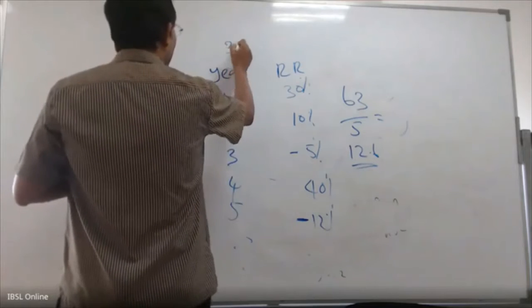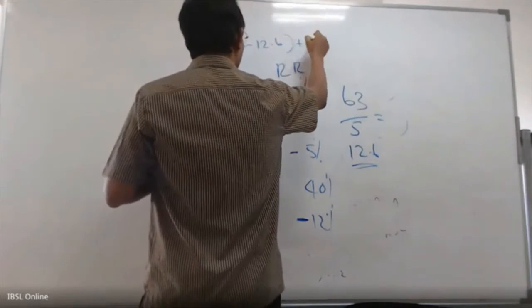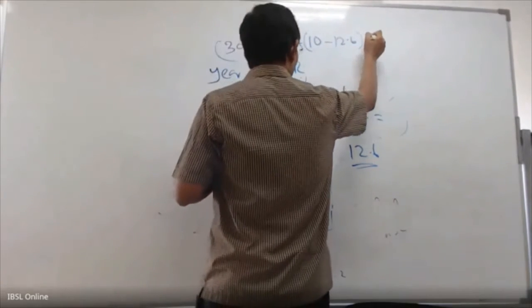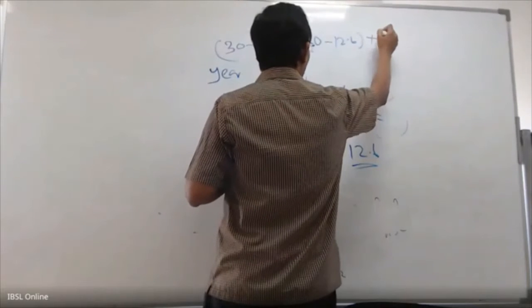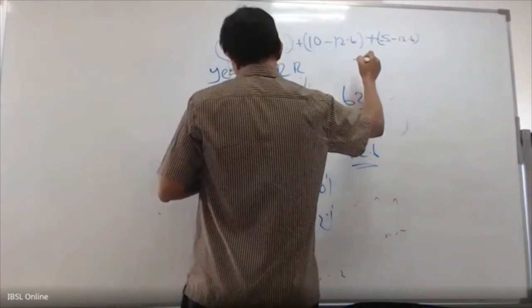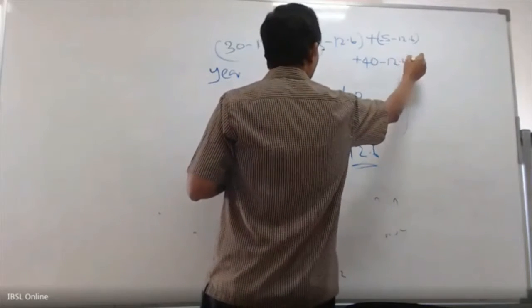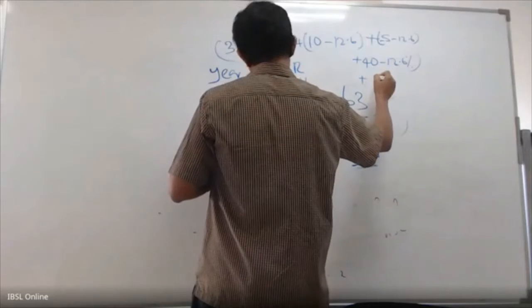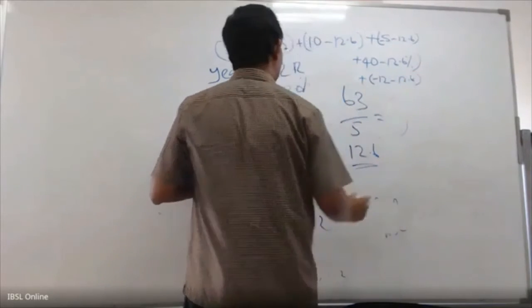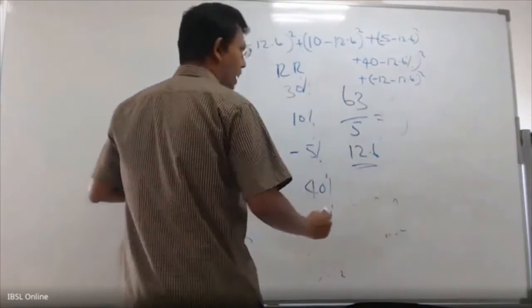So 30 minus 12.6, and again 10 minus 12.6, then minus 5 minus 12.6, then 40 minus 12.6, then minus 12 minus 12.6, each to the power of 2.